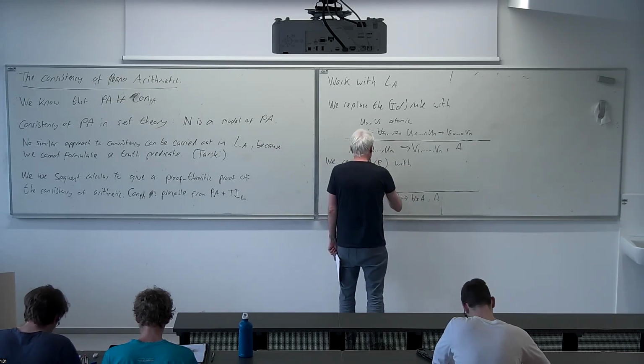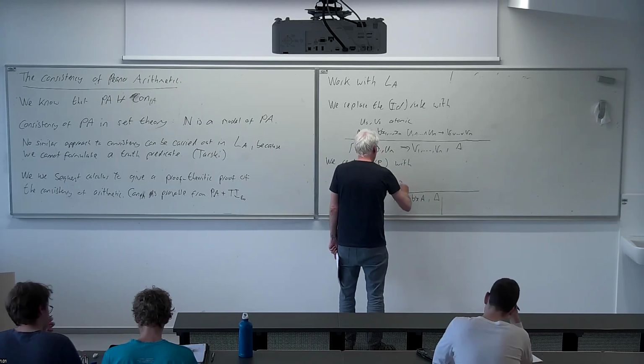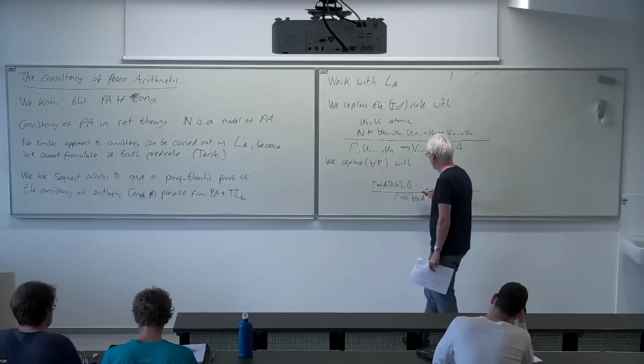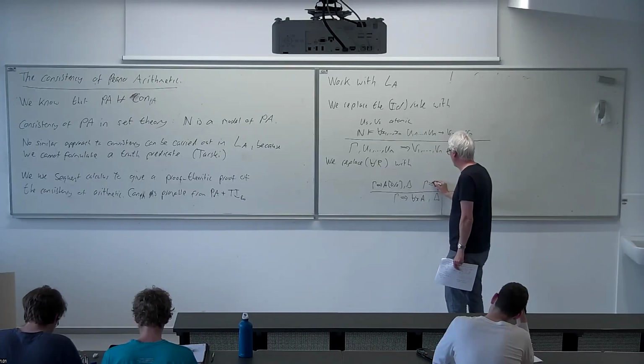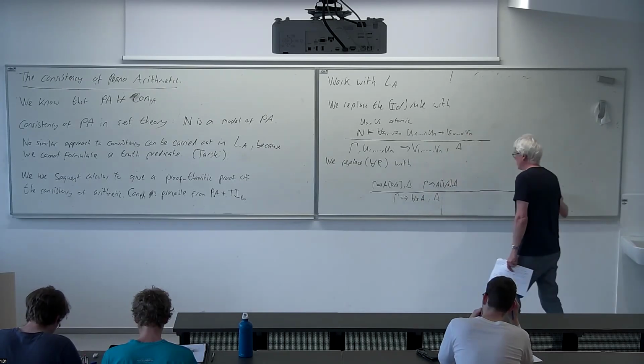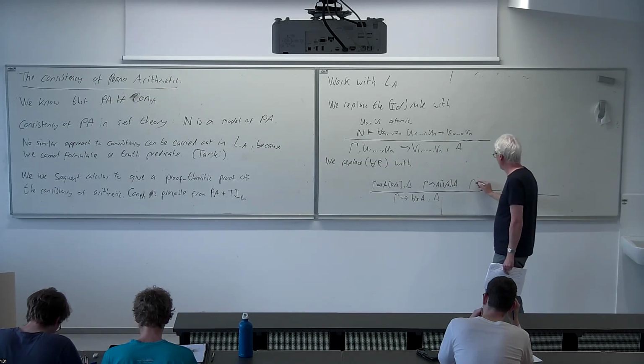We need to prove the case for 0, so we stick 0 in, which is its own numeral. We need to prove the case for 1, so we stick 1 in. We need to prove the case for 2. So we have a rule with infinitely many premises.